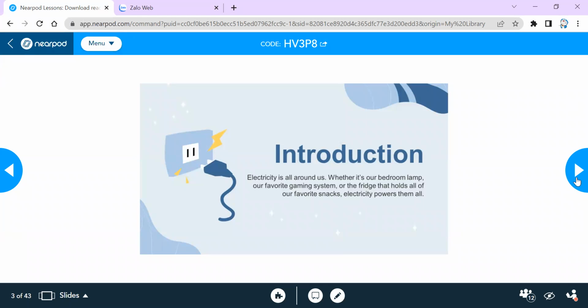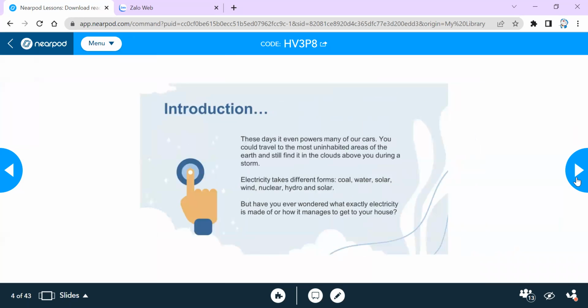In life now, we almost cannot live without electricity. We have talked about it powering our cars, and electricity takes many forms, like from coal, water, solar, wind, nuclear, and hydro.